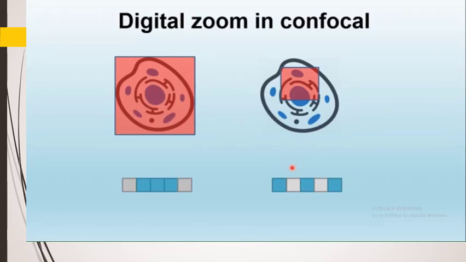In other words, when increasing zoom, we are not changing the imaging size, but a small subset of the feature is projected onto the same number of pixels. So pixels per feature is more, such that the image quality and the resolution get better.